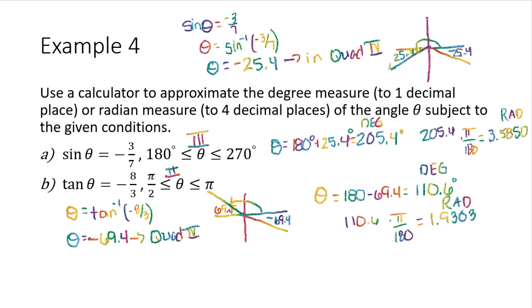There's our radian answer. So be sure you pay attention. You can do the inverse sine or the inverse tangent, but you have to pay attention to the answer that your calculator gives you. Because if the answer that you get from the calculator is not in the quadrant where you want to be, you're going to have to use reference angles to figure out where you should be.